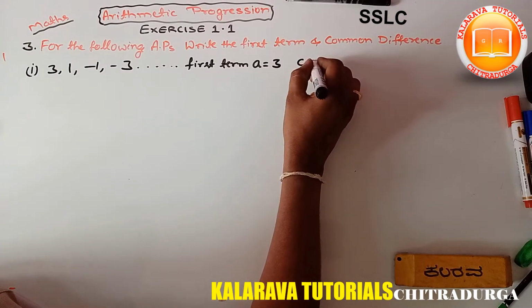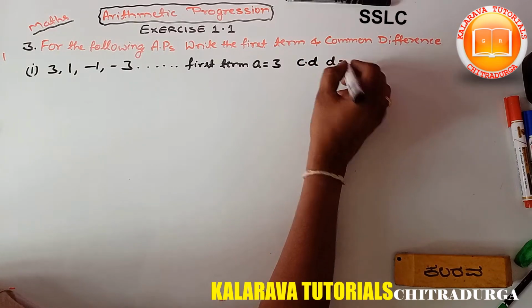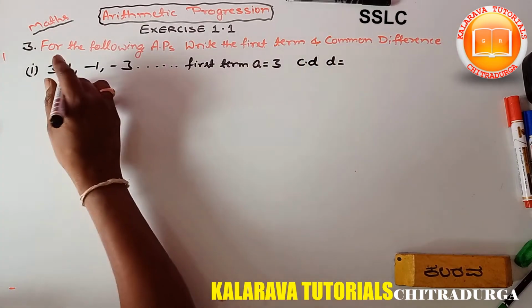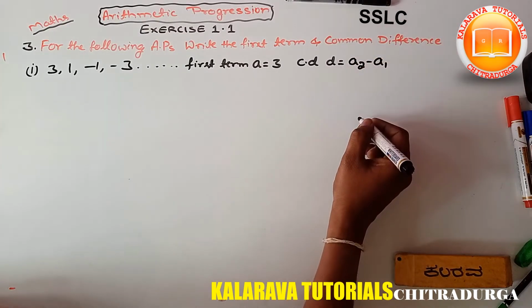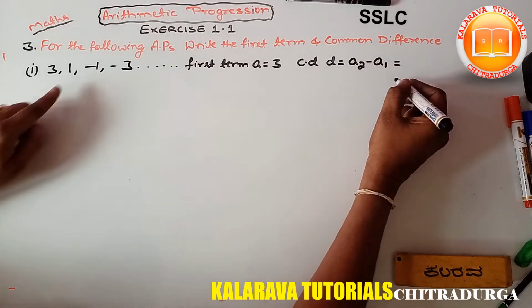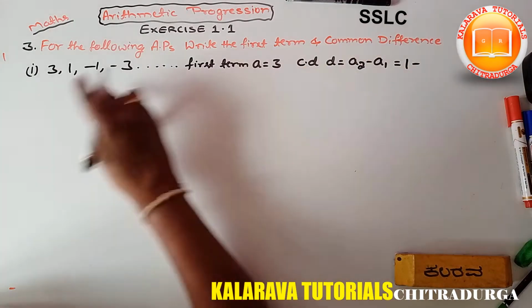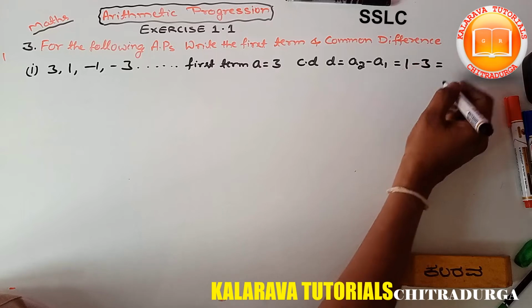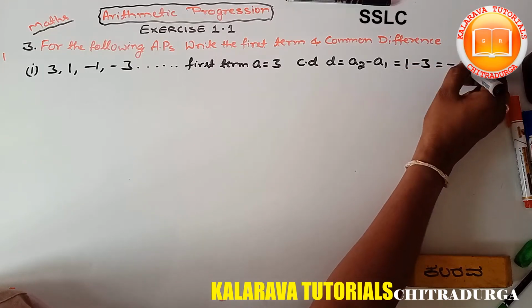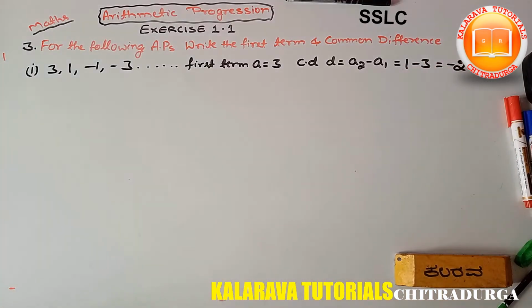And for the common difference, we have to find out D. For finding D, you write A2 minus A1. So A2 is 1 and A1 is 3. Here 1 minus 3, that means you have to subtract, that gives you minus 2.